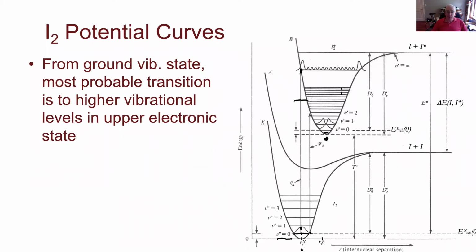Up here, incidentally, if my excited state were to dissociate, you'll notice that it comes out up here with one iodine atom in the ground state, what would be the S2p5 electron configuration you'd expect for a halogen, and then the other one is in some excited electronic state where one of those electrons is in a higher orbital, and so that's why it dissociates up here at a higher energy than this one would down there.